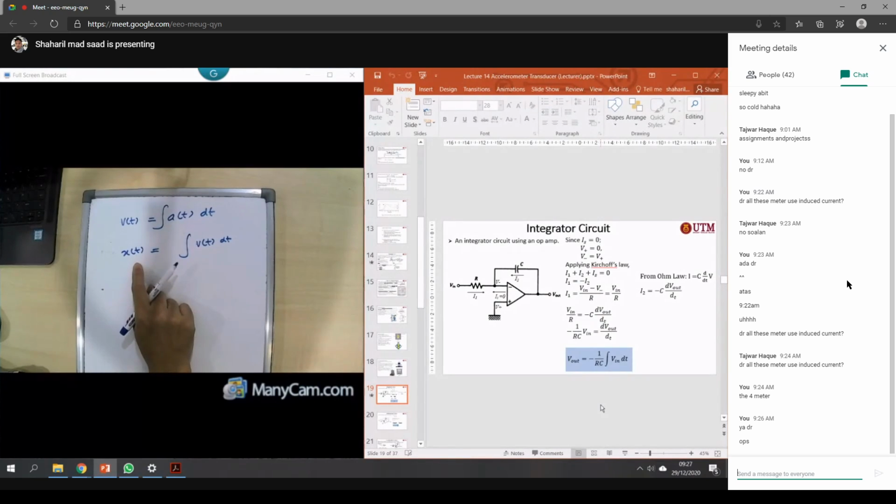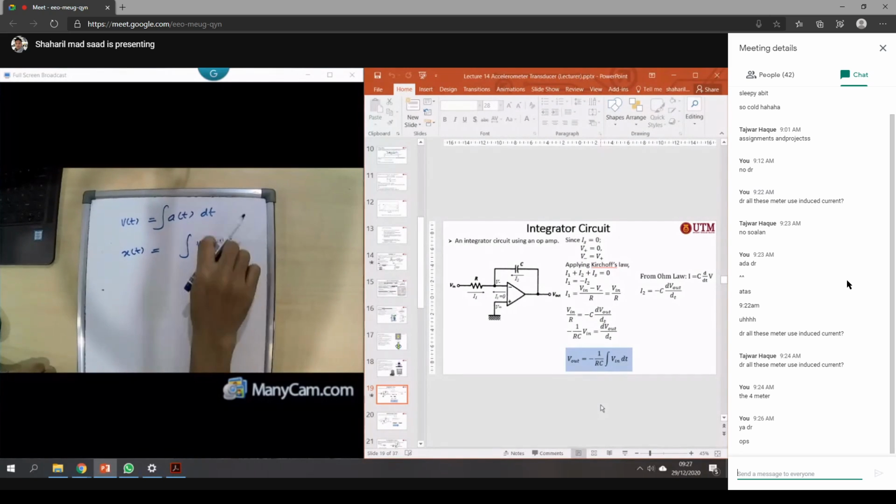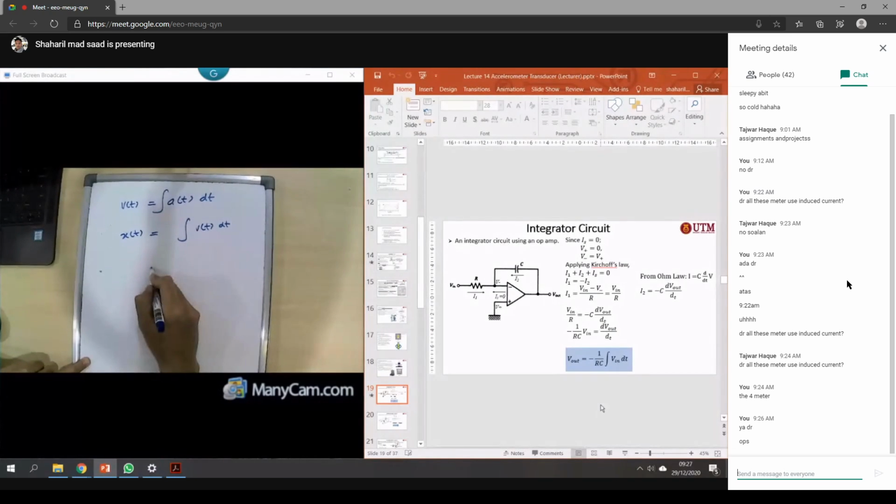If you want to know about the displacement, we can get it from here by integrating the velocity, right? And that means when you use the integral, you will use the integrator circuit. So all is based on the inverting circuit. So this is your inverting circuit.